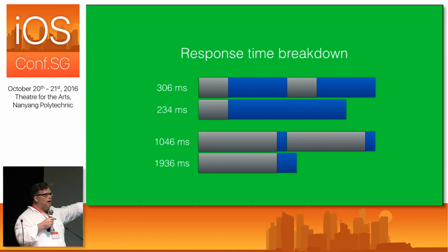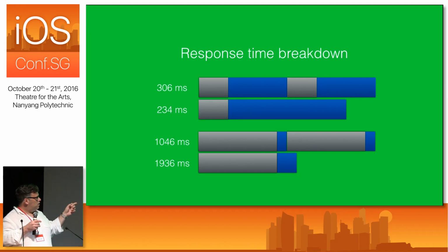And I think you're going to find in a lot of the networks here in Southeast Asia, you've got a big latency. So sending extra data in the server response, it might make it a little bit slower for that first response, but it's actually going to make it a lot quicker for all the data to get to your phone. So make sure you're looking at how long it's taking and where you're spending time.